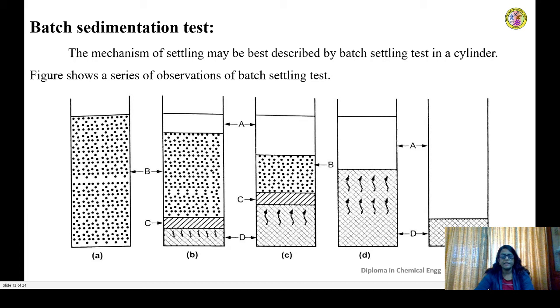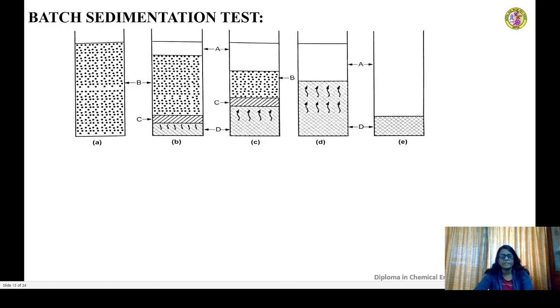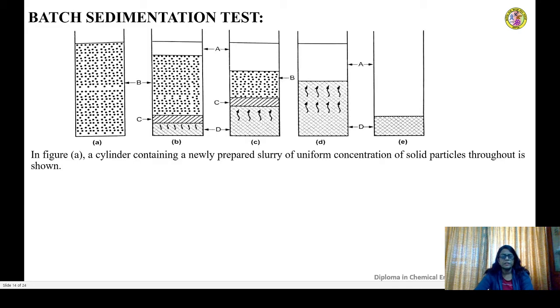Each layer will change its size from time to time as shown in figures B, C, D and E. So let us now study in detail how the thickness of the different zones varies in a batch sedimentation test. Figure A, as I said initially, represents a cylinder containing a newly prepared slurry of uniform concentration of solid particles, having the same concentration throughout the mass of slurry.